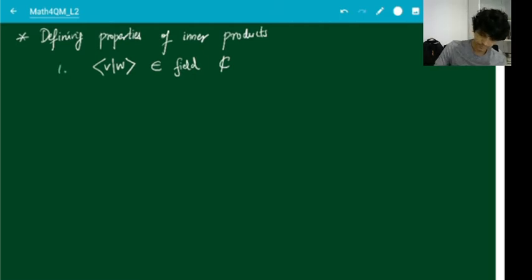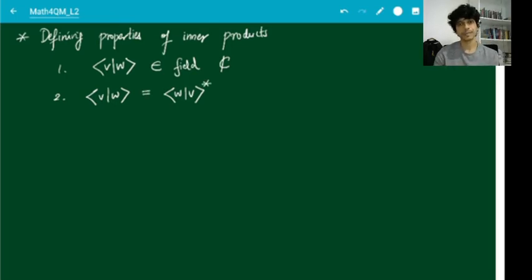So this is one. The second property is that if I exchange the order, how is the inner product of V and W related to the inner product of W and V? They are related to each other as complex conjugates. So if you flip the order of the two, then your inner product should get complex conjugated.